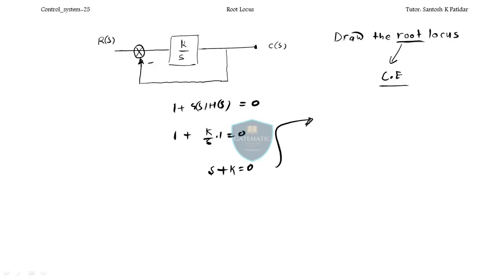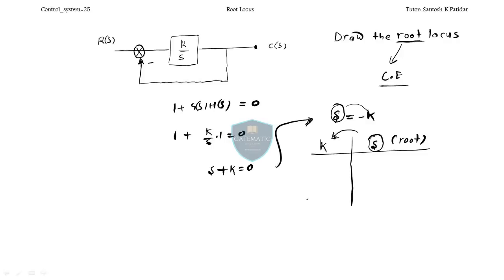So what is your s? s is nothing but your root. So s is equal to minus K. So the root is depending on the K values, isn't it? Means if I choose a K value, I'll get the s value. This is nothing but your root. And we are going to discuss the path or locus of this root by varying the K values, isn't it?